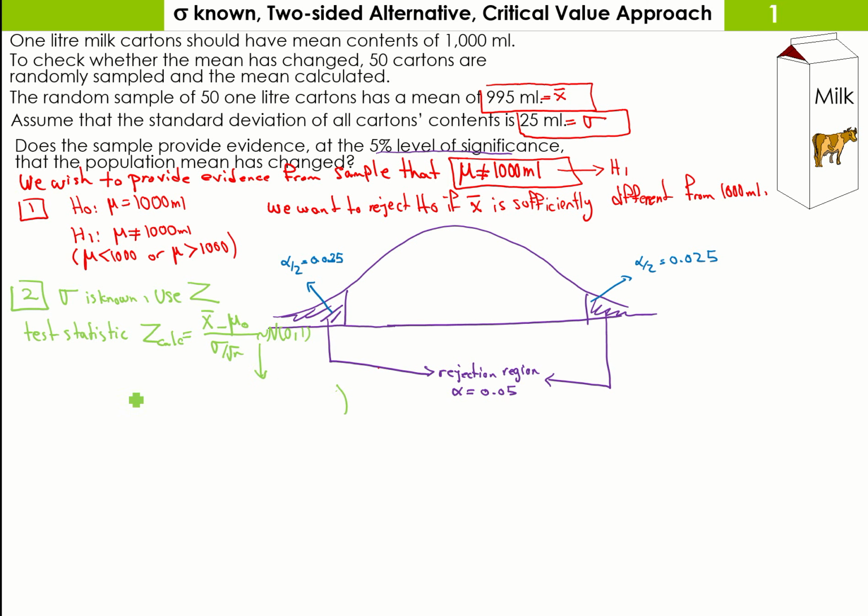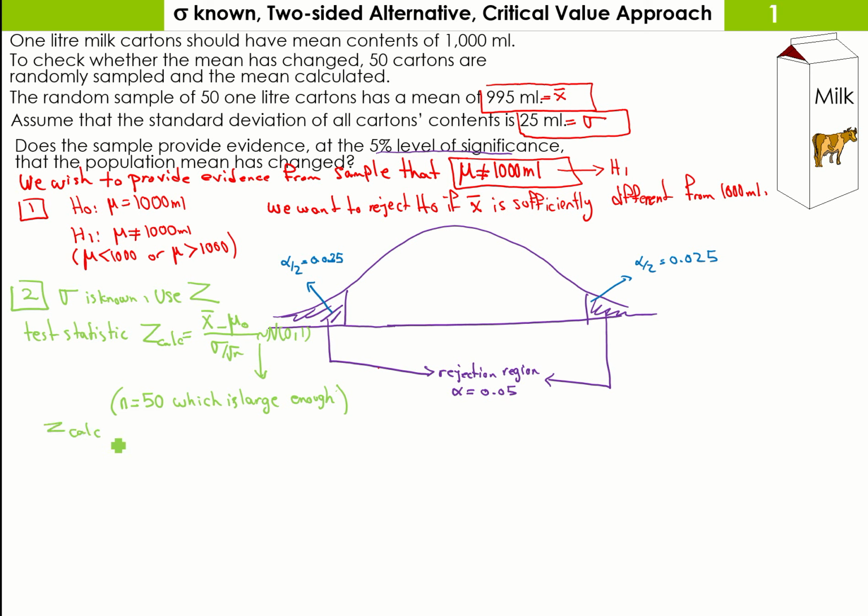Why? Because the sample size here is 50, which is large enough. It is greater than 30, so by central limit theorem, we can use normal distribution here.